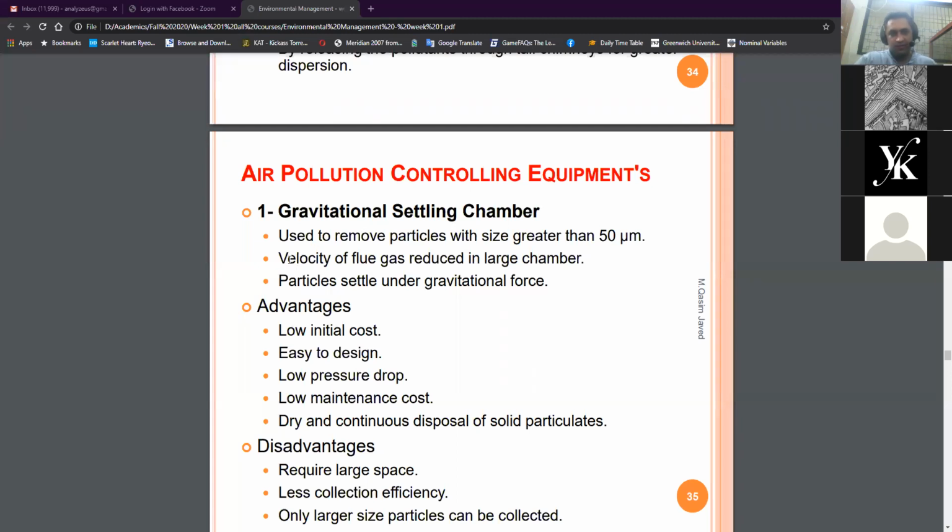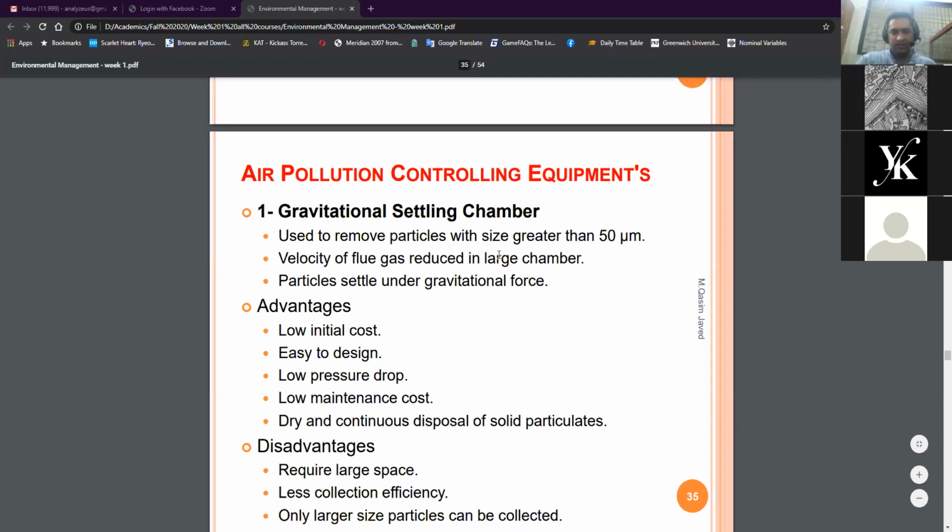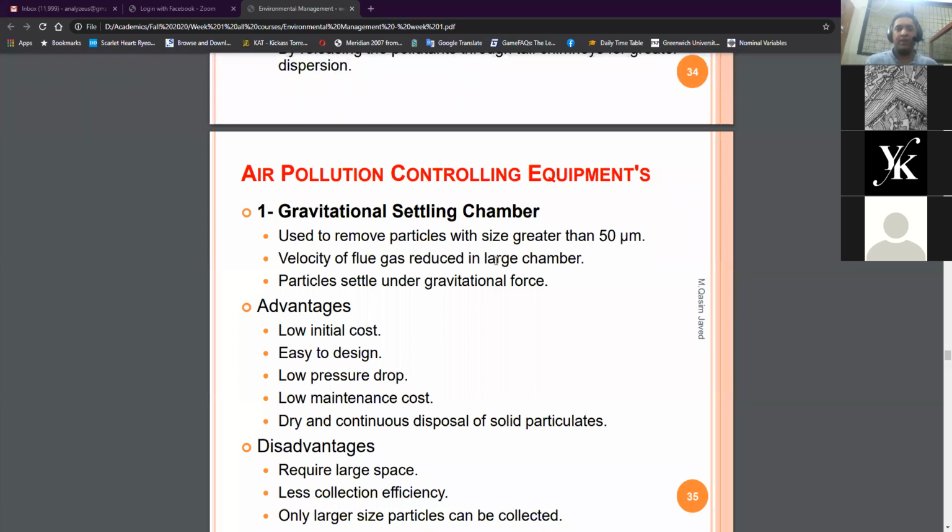It is useful in reducing the velocity of flue gases in big chambers. It uses gravity to shrink the velocity of larger gases. The advantage here is that if we have a manufacturing process and the output is some pollutant or toxic gases, we can use this technique to remove a number of particles from that pollutant.